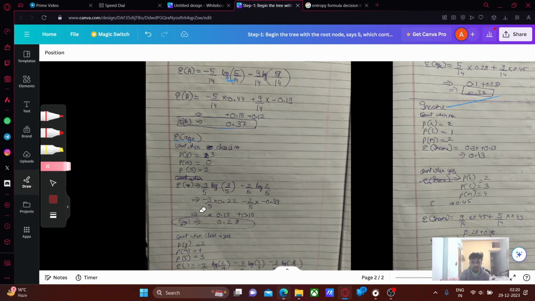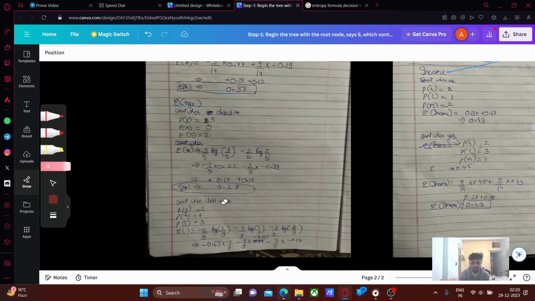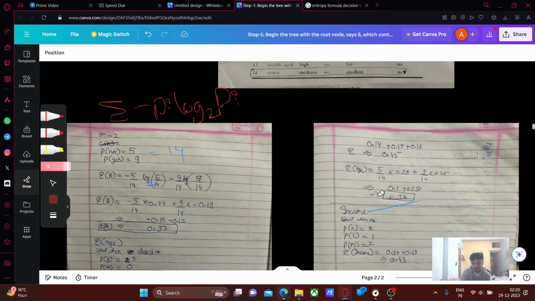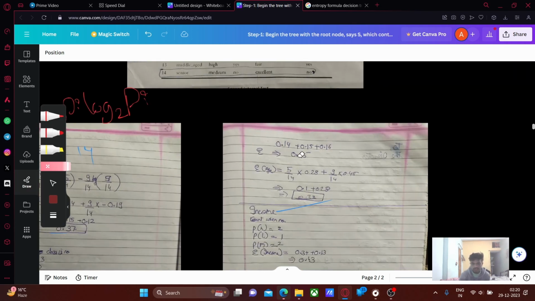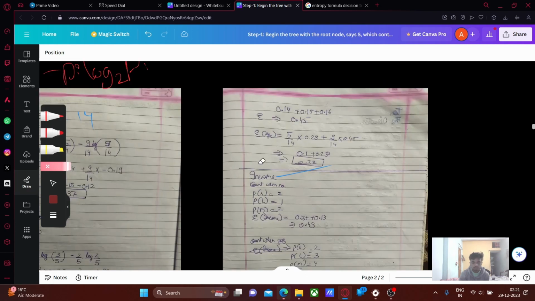So our entropy for no will be 0.28, and similarly we calculate for yes, and this will be 0.45. Now we have to calculate the weighted attribute, so that will be around 0.38. For that we have to use the weight of each class for no and yes.